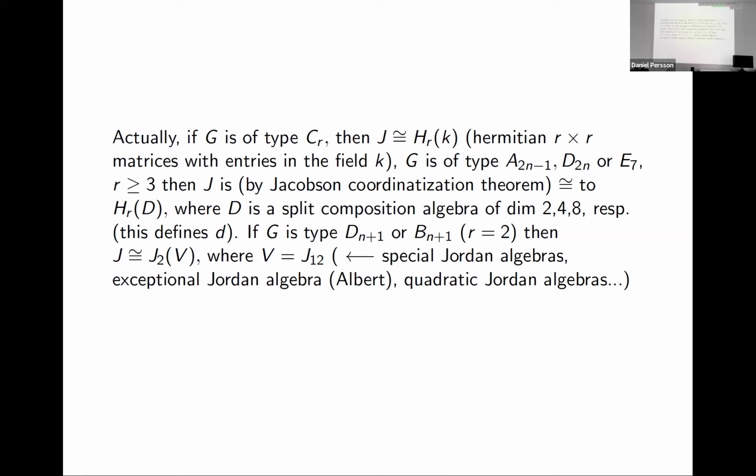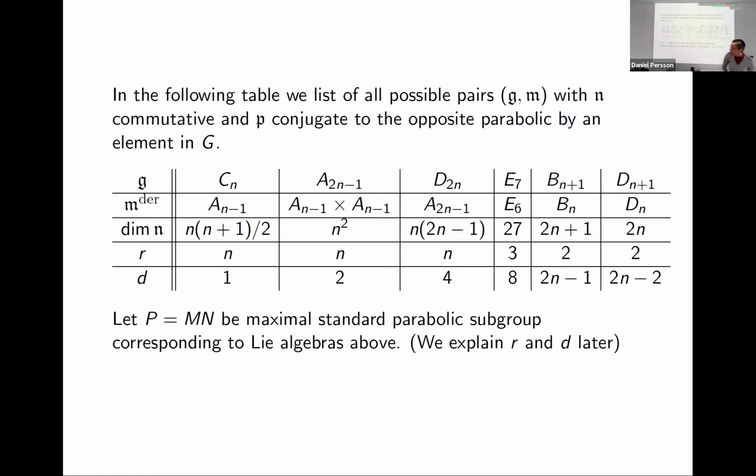So somehow you see the dimensions fit. So somehow, if this R is bigger than 3, we can always interpret this nilpotent radical in some sense as certain Hermitian matrices of size R over D, where D is the field itself, a quadratic extension, quaternion or octonion algebras, in some sense.